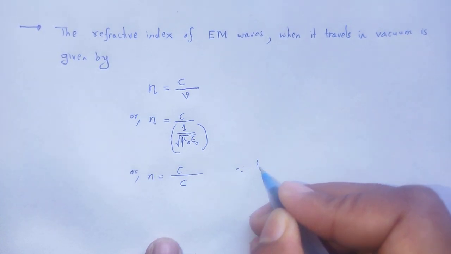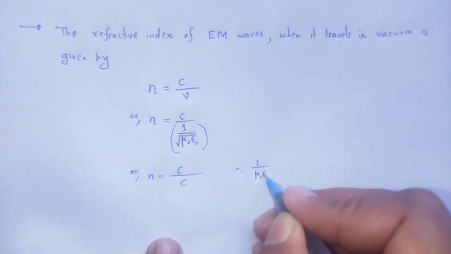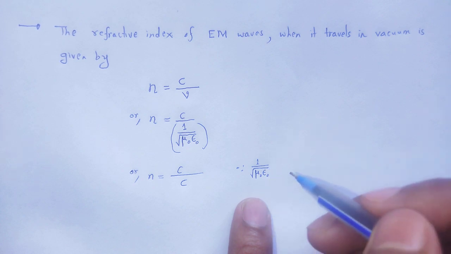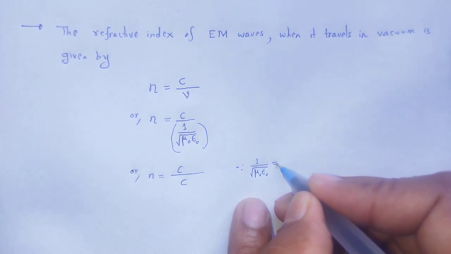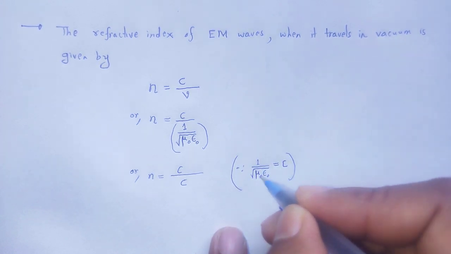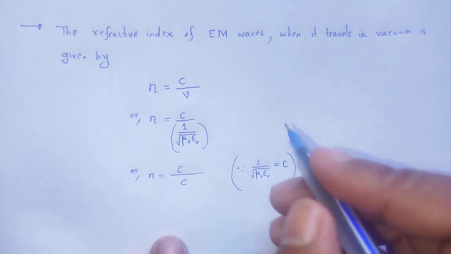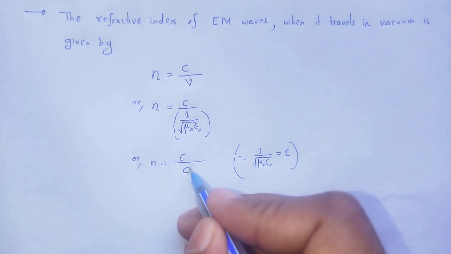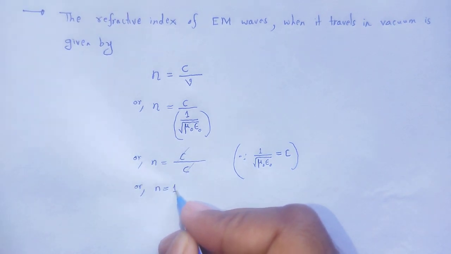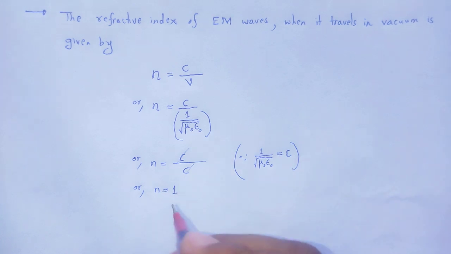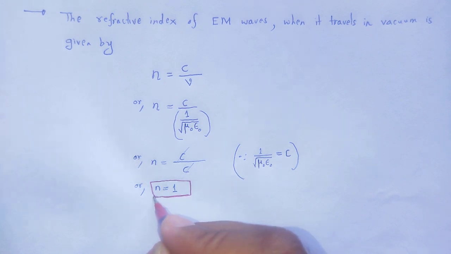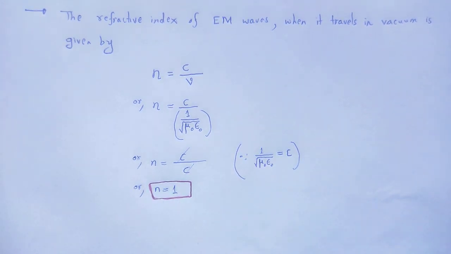When we put the values of mu naught and epsilon naught, we obtain the value of the speed of light c. We have already derived this. So c divided by c is equal to 1. So, the refractive index of electromagnetic waves when they travel in vacuum is equal to 1.